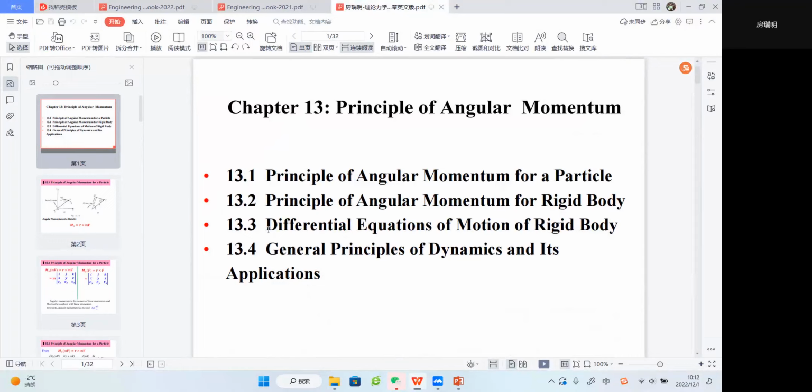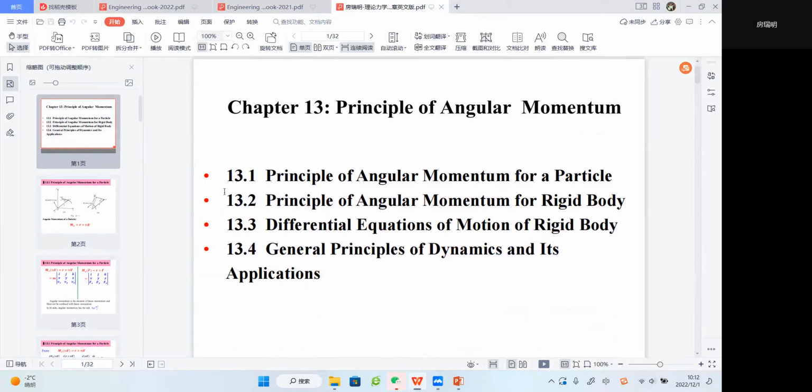And the third section talks about differential equations of motion of the body, including rotation around the fixed axis and plane motion. The final one is the principle of dynamics and its application.